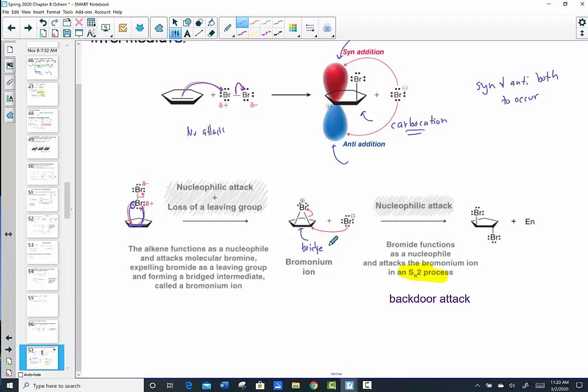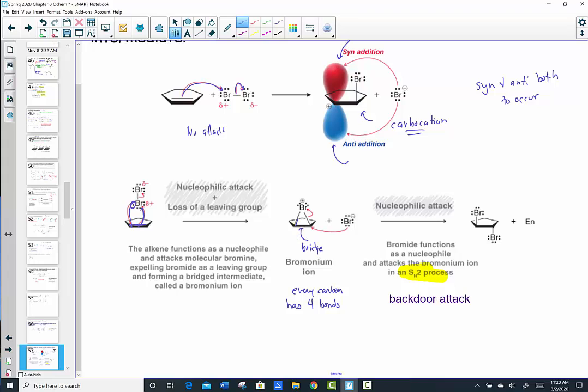Every carbon has 4 bonds. Now, this again, based on substitution, the most substituted carbon, that's where the nucleophile would then attack in the next step. Here we have a symmetrical one, so it doesn't matter.